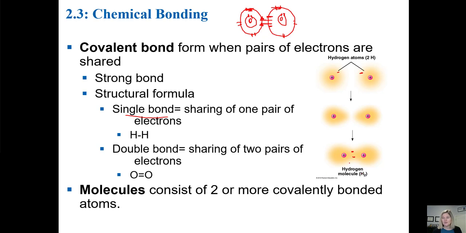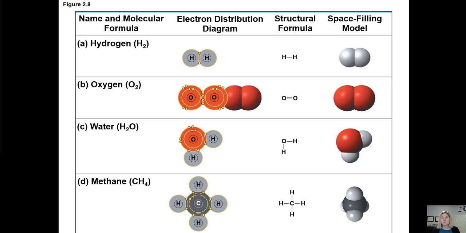So molecules are 2 or more covalently bonded atoms. Okay. So let's take a closer look at some examples. So we already talked about the hydrogen gas with the 2. Here's the oxygen, a little bit better drawing here, so you can see how the oxygen atoms have filled their first shell, and then they want to fill their second shell, but they only have 6 electrons each. So they're going to share 2 of their electrons with each other to fill out their valence shell.